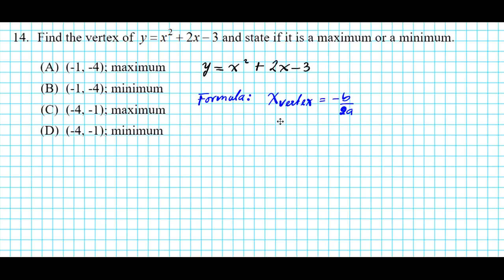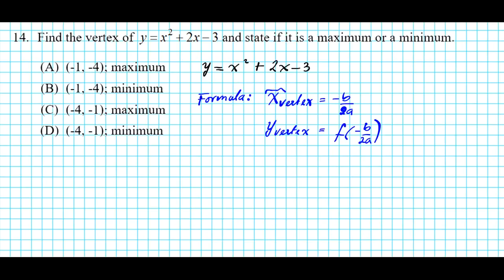The formula for the y coordinate of the vertex is the function evaluated at the x coordinate of the vertex, which is f of negative b over 2a. So all you simply do is take your x coordinate of the vertex that you got earlier and plug it into the x's in y, and that will help you determine what the y coordinate of the vertex is.